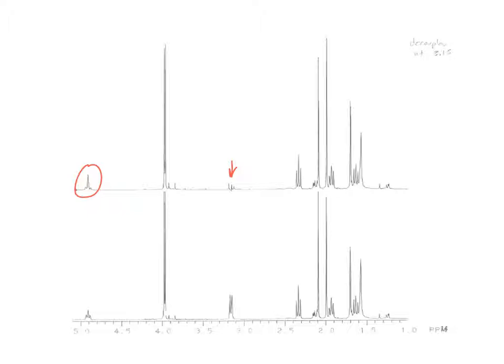One of the things that you can vary with this as well is the amount of power that you're applying on the decoupling. If you increase the power, this signal would go to a cleaner singlet. It looks like it's not being completely decoupled right now.